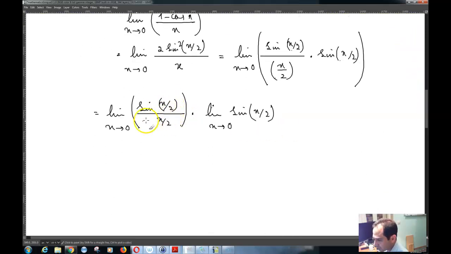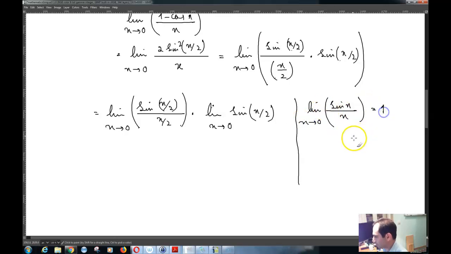Of course you might be concerned about the fact that this is x divided by 2, but as x tends to 0, x divided by 2 also tends to 0.